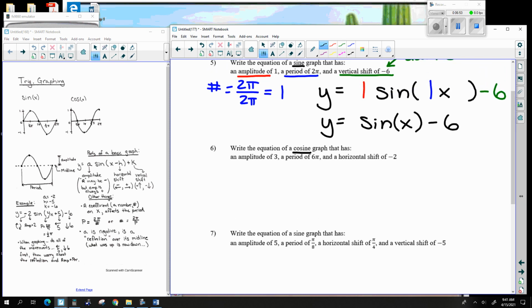Okay, here we have a cosine graph, amplitude, period, and again, a horizontal shift of negative 2, so that's technically left 2. So here we go. So y is equal to cosine.